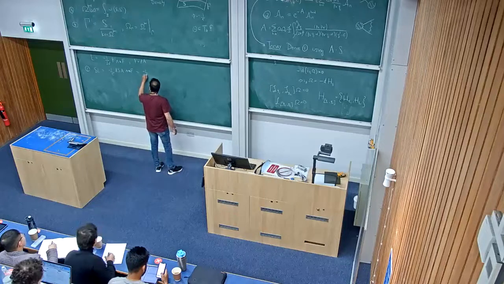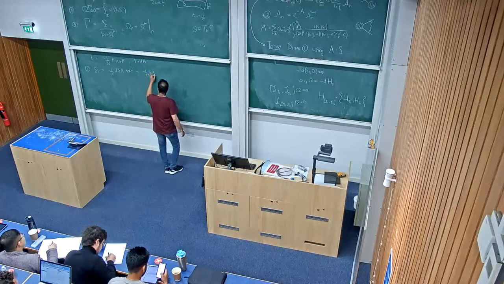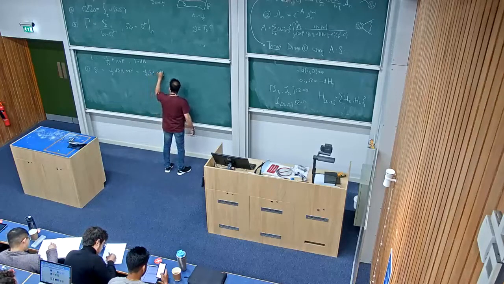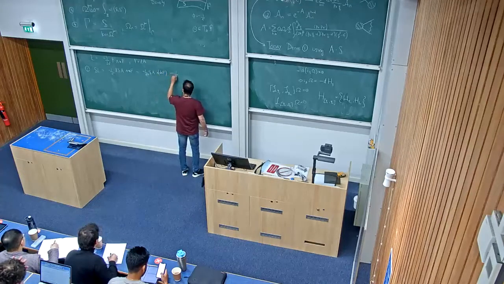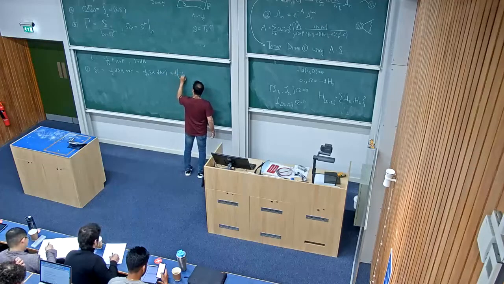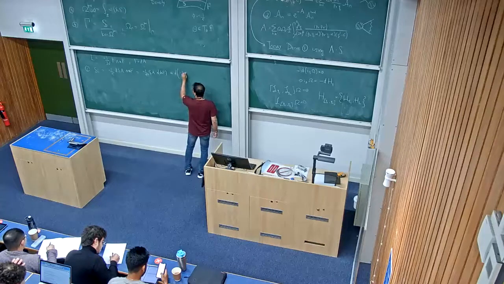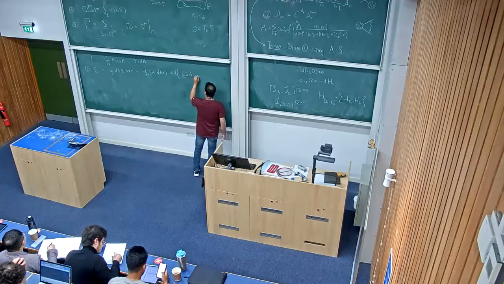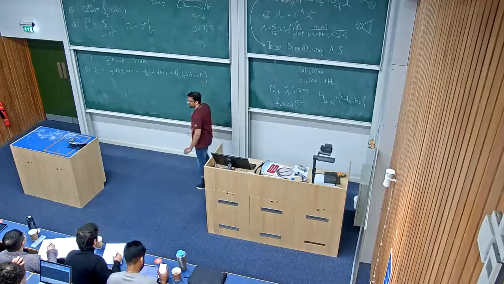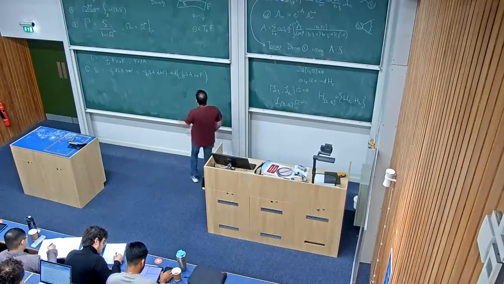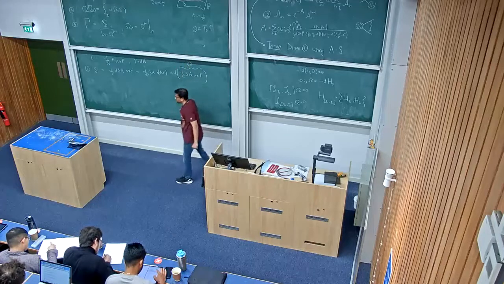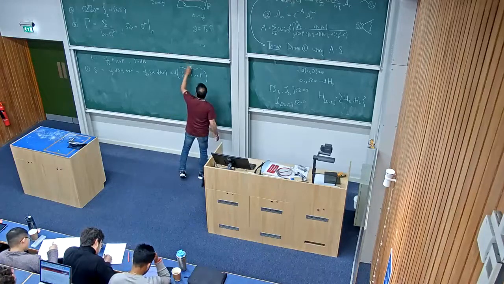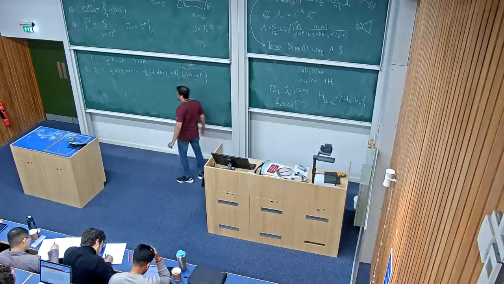So I'm going to get -1 over e squared, and then I get minus. Okay, so I'm going to read this off as theta. Using same notation, small theta.